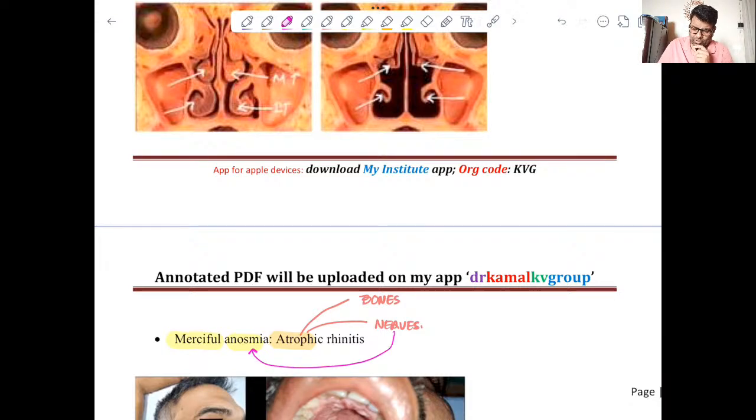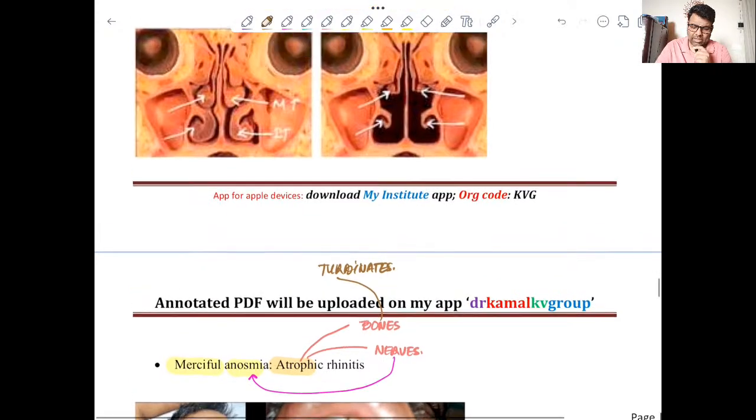And because of atrophy of bones, especially turbinates, there are two things. One is that the nasal cavity will become wider. Clear? So you can see these are very small turbinates. So these are atrophied turbinates.